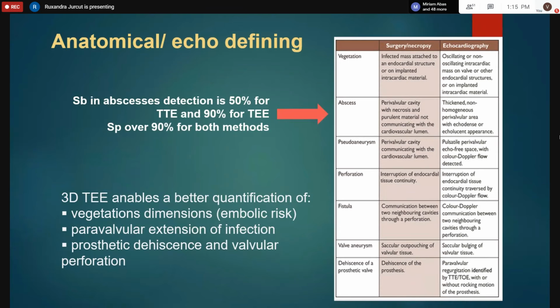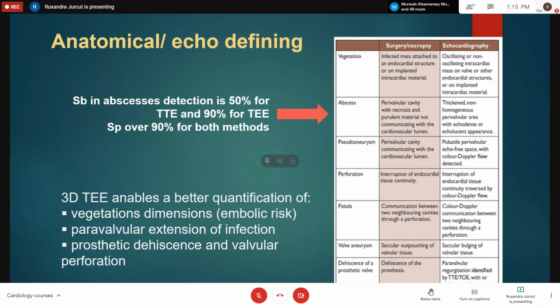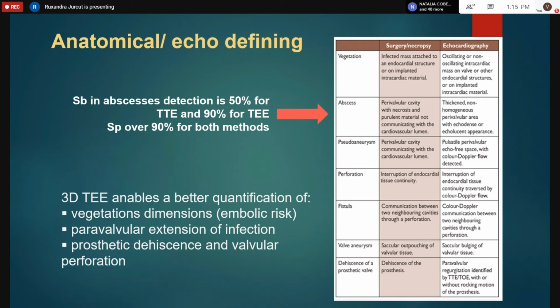A valve aneurysm is something more rarely seen, a sort of precursor of the perforation. And as I said, the dehiscence of the prosthetic valve, which means that the prosthesis is sort of detached where the infection made the suture sort of melt, let's say.